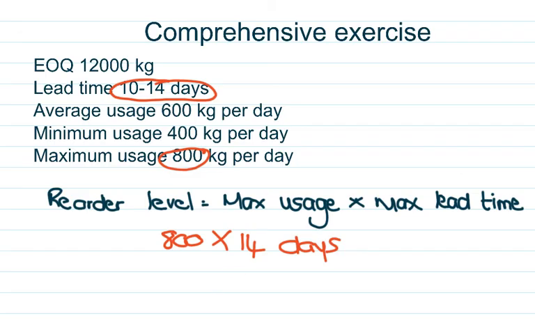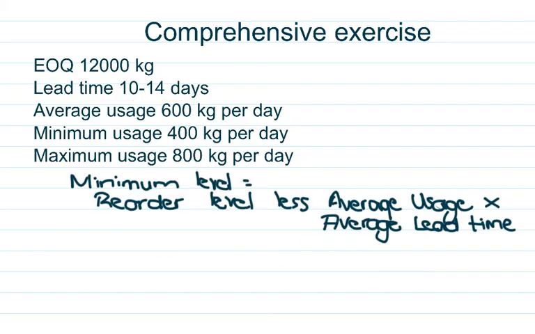If you do this calculation, then you will get 11,200 units. So this is my reorder level then. So we said my reorder level is then 11,200 kilograms.